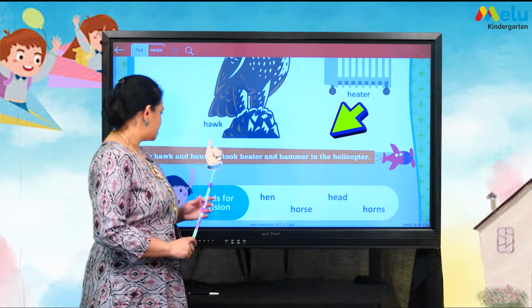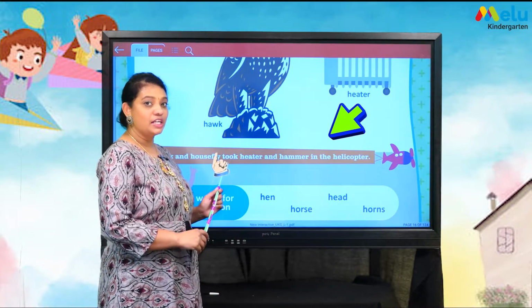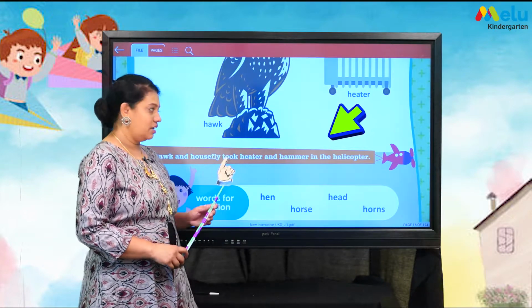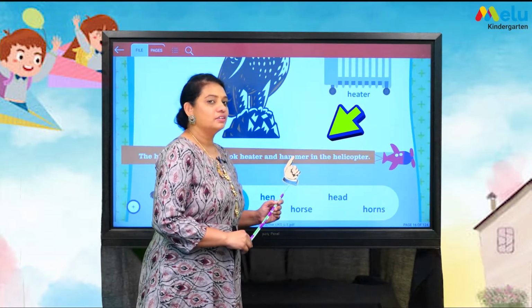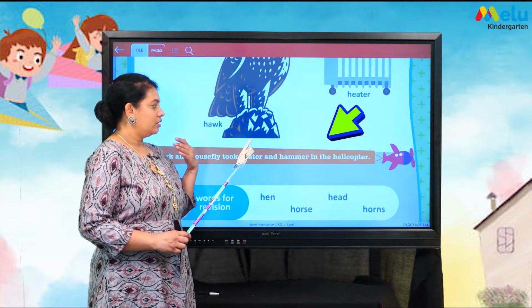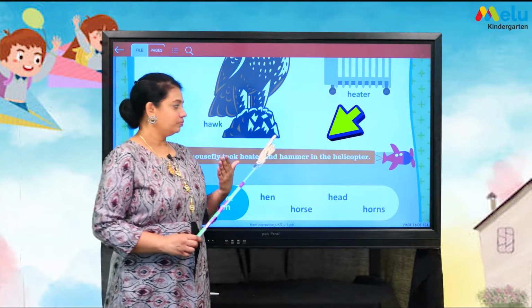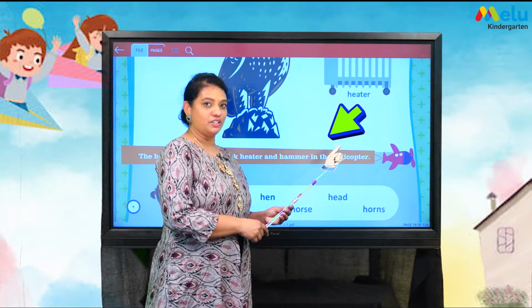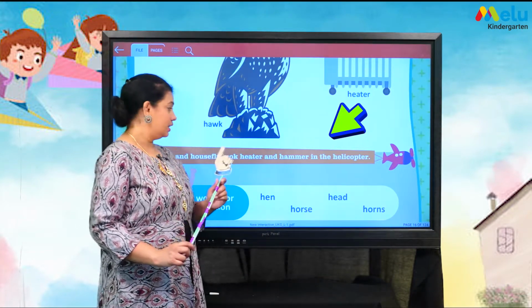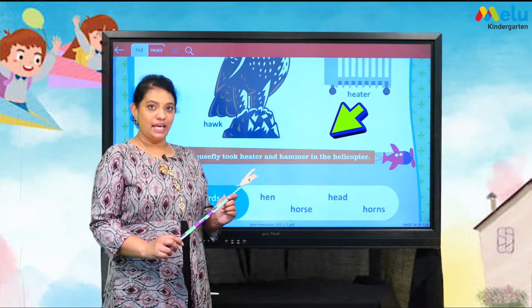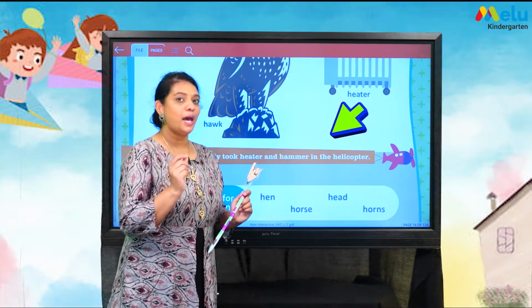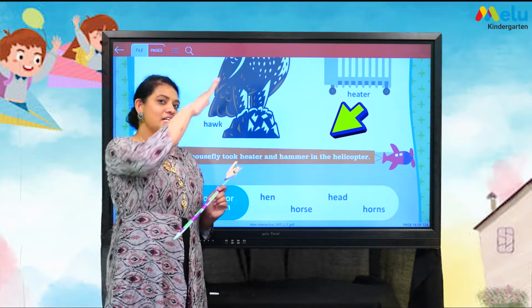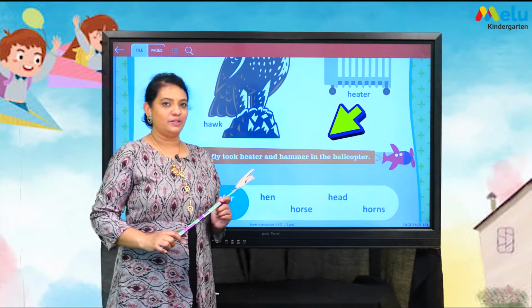So what did the hawk and housefly take, children? They have taken hammer. And where did they go? They went in helicopter. The hawk bird and housefly insect, they took the hammer and they went in helicopter.